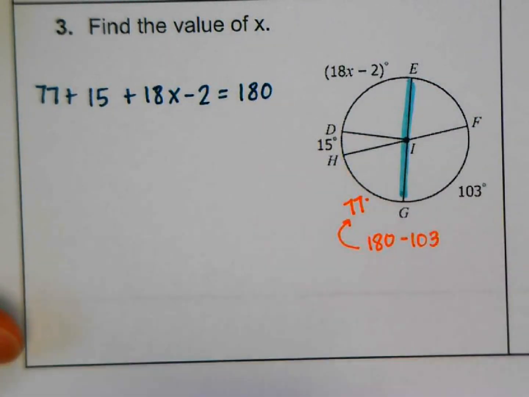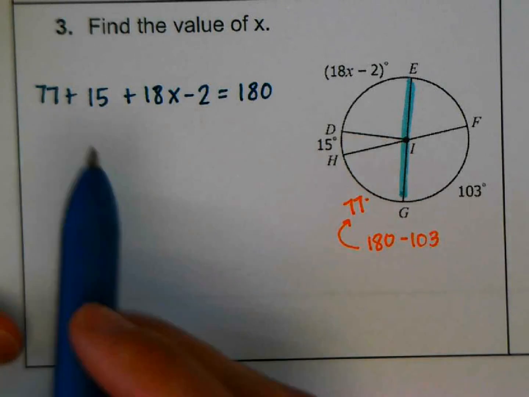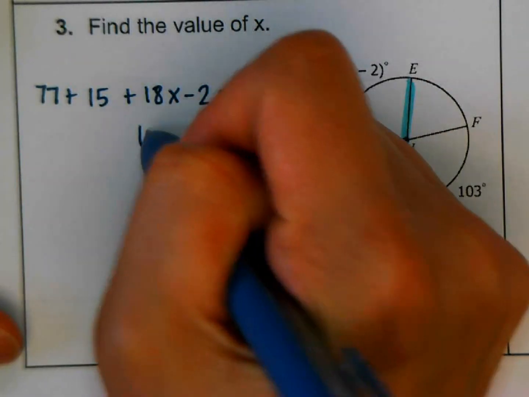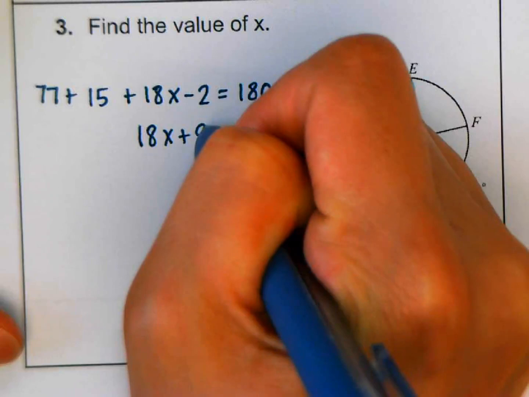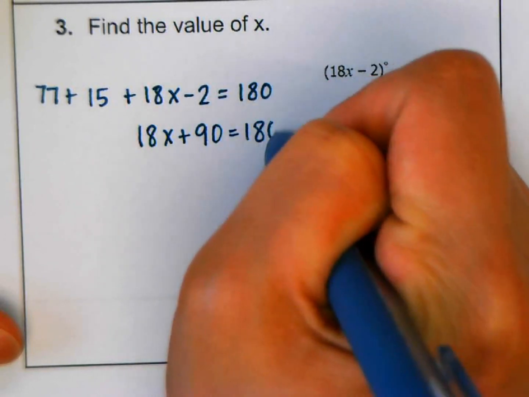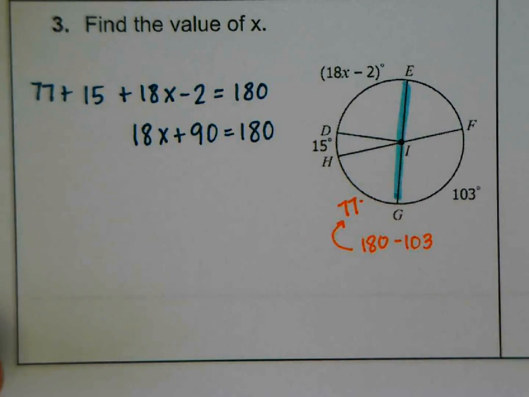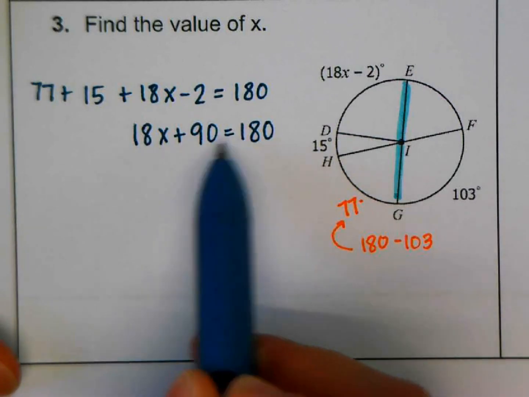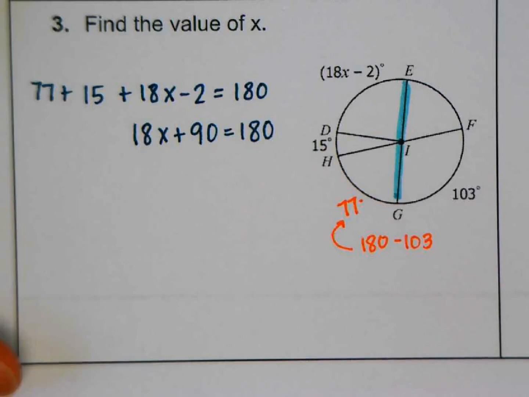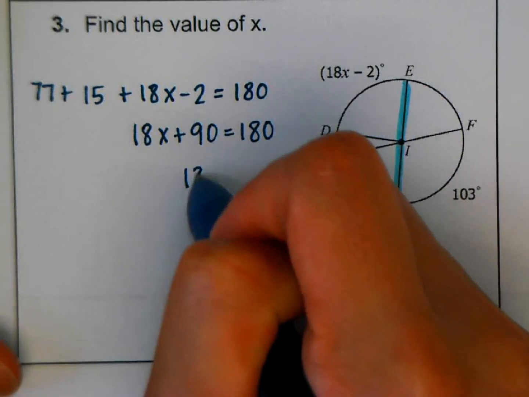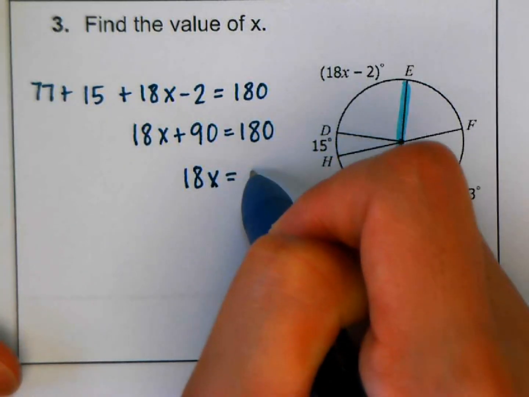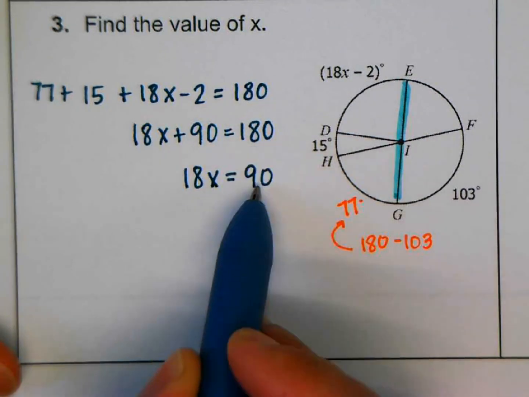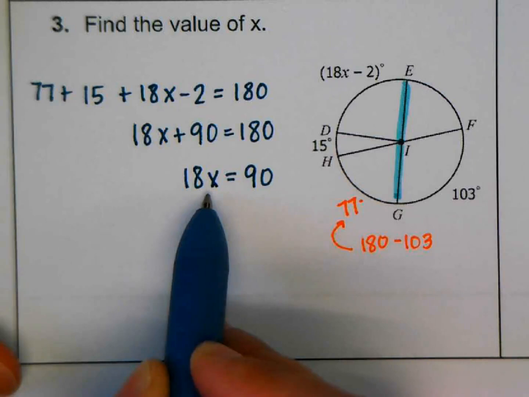Okay, let's see. 77 plus 15 minus 2, that's going to be 90. Doesn't take that many steps, so we can do it all together. 18x plus 90 equals 180. Subtract 90 on both sides. We get 18x is equal to 90, because 180 minus 90 is 90. Divide both sides by 18. X will equal 5.